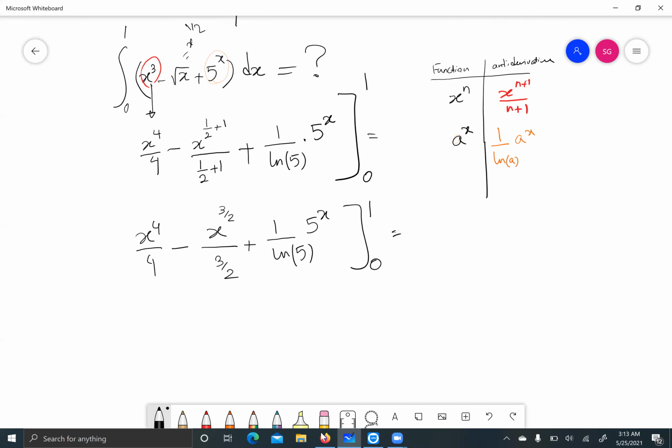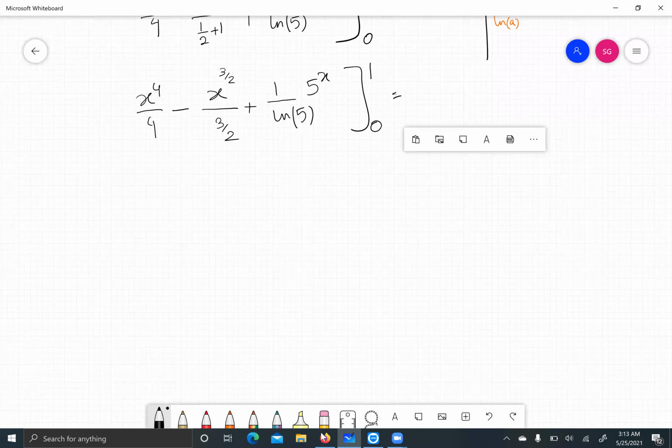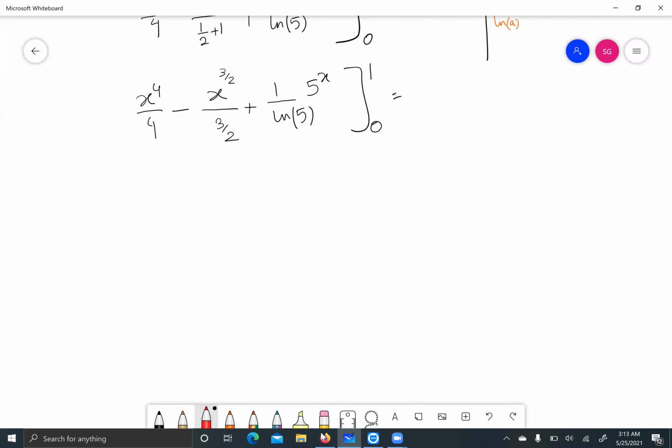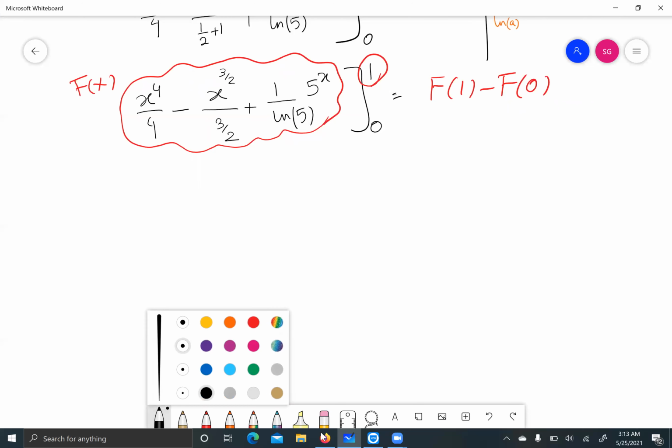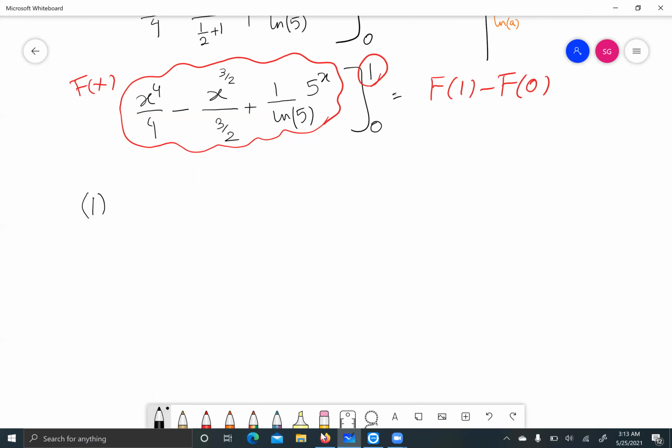Now, first we substitute the upper limit, which is 1. Recall that this is going to be F of 1 minus F of 0, and this is your antiderivative function. So evaluated at 1, it's going to be 1 to the 4 over 4 minus 1.